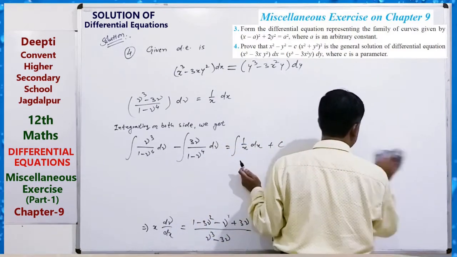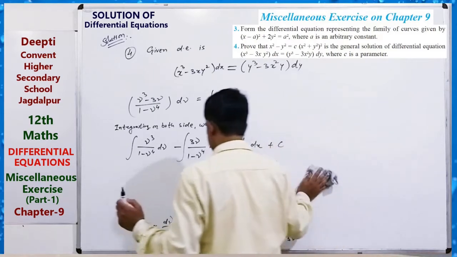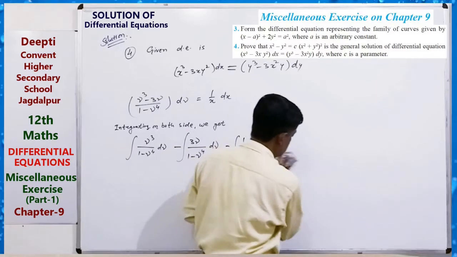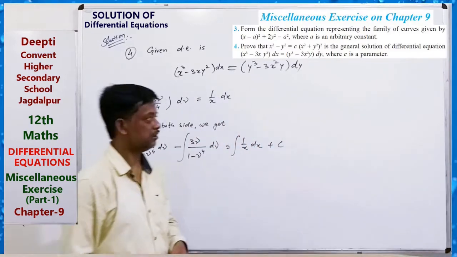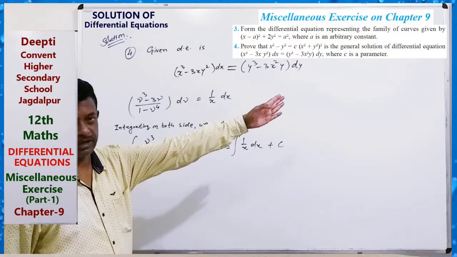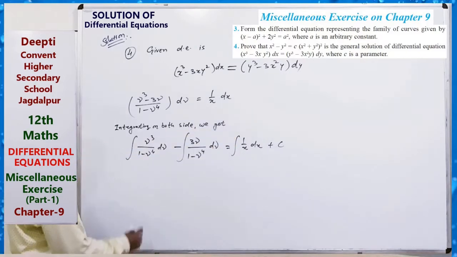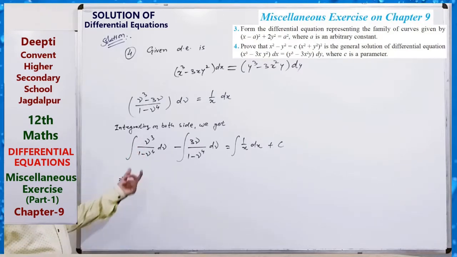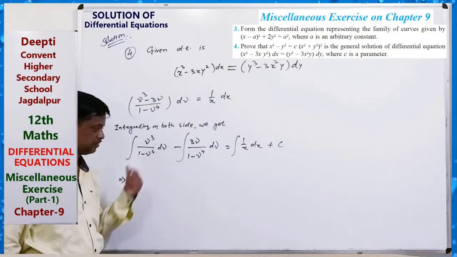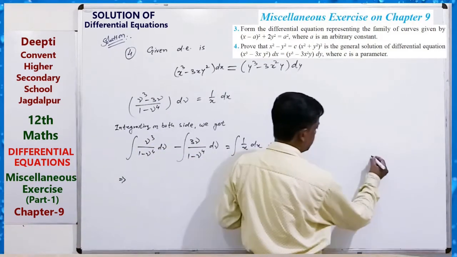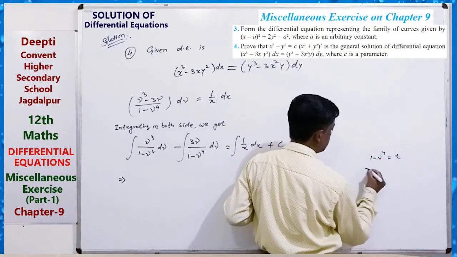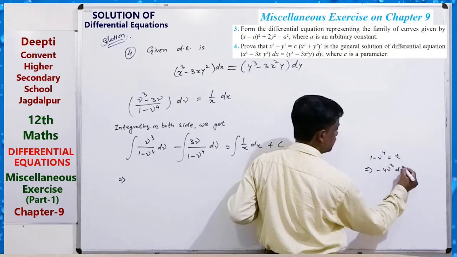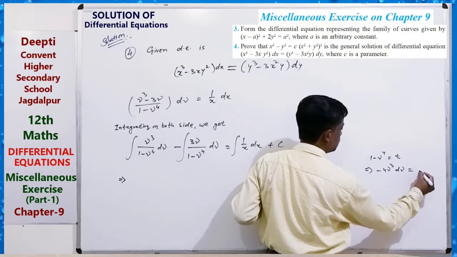Now we have to solve this integral and then finally put v equals to y by x, then we can get the solution as a proof for x square minus y square. This can be solved by putting 1 minus v power 4 equals to t, which implies minus 4v cube dv equals to dt.